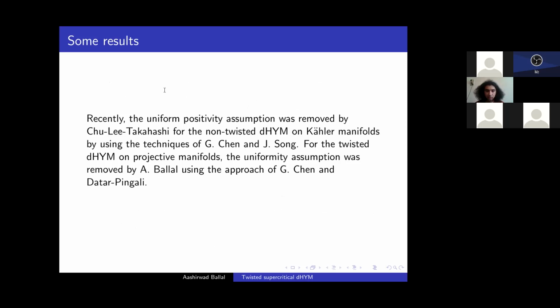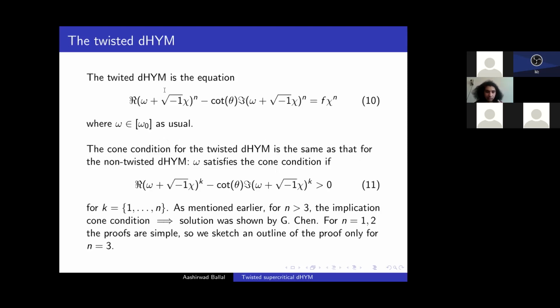Recently, Chu, Lee, Takahashi proved that the uniform condition can be removed for the dHYM equation, and they used the method of Jian Song, who also used the method of Gao Chen and solved the J equation without the assumption of uniform positivity.